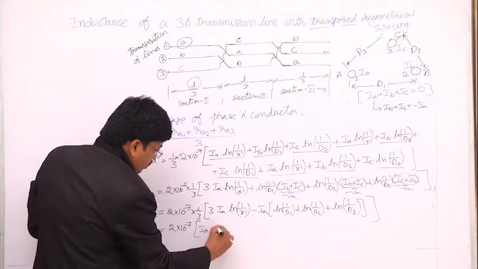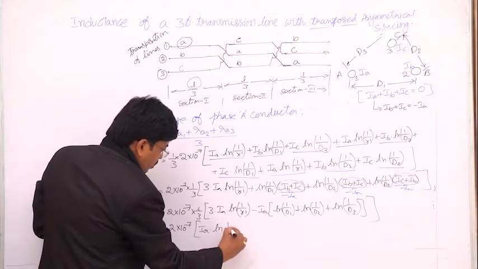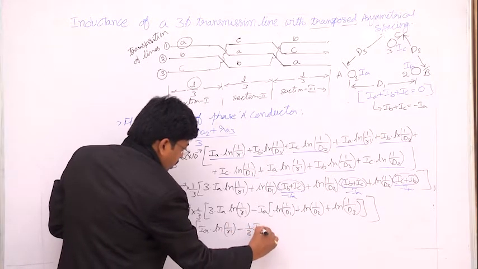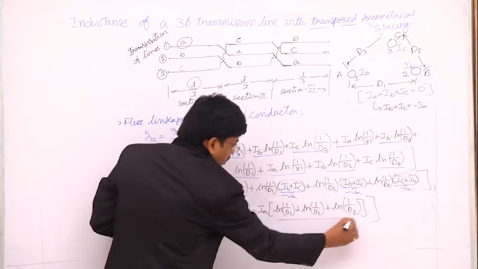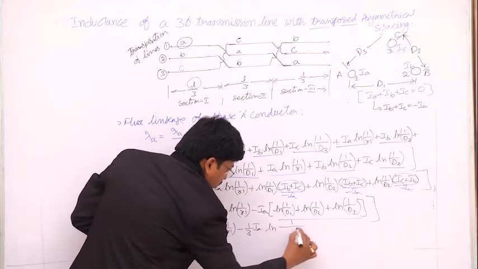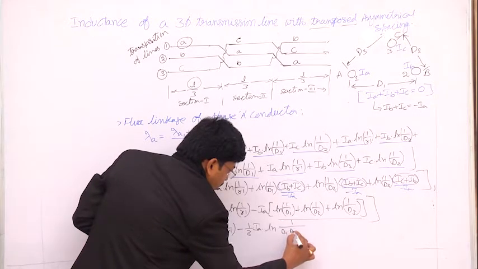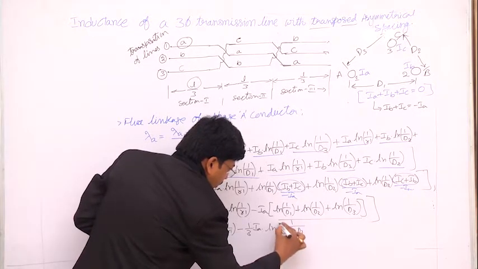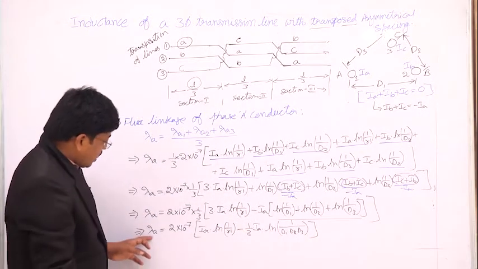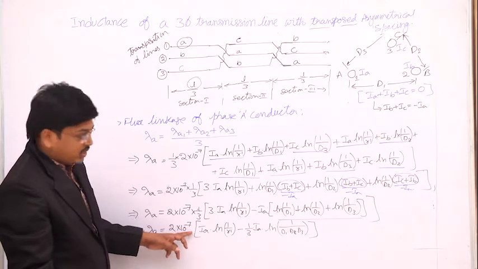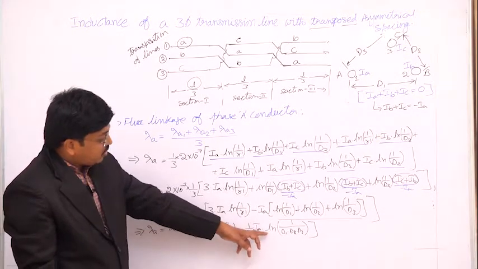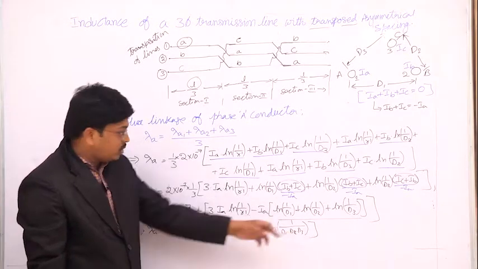So this term is IA into logarithm of 1 by R dash, minus 1 by 3 into IA into, using the concept of log A plus log B plus log C here, the resultant is logarithm of 1 by D1, D2 and D3. Okay. So this one is lambda equivalent to 2 into 10 power minus 7 IA into logarithm of 1 by R dash minus 1 by 3 IA into logarithm of 1 by D1, D2, D3.